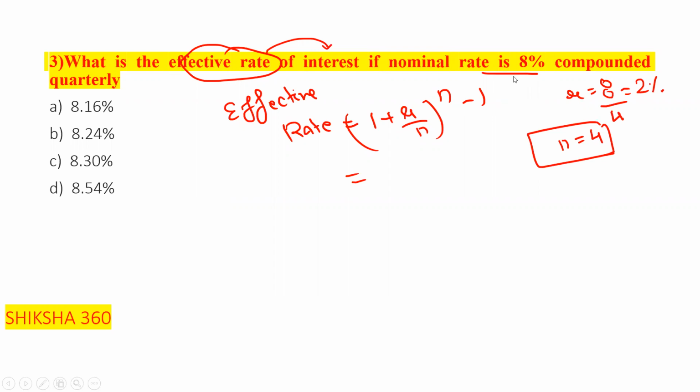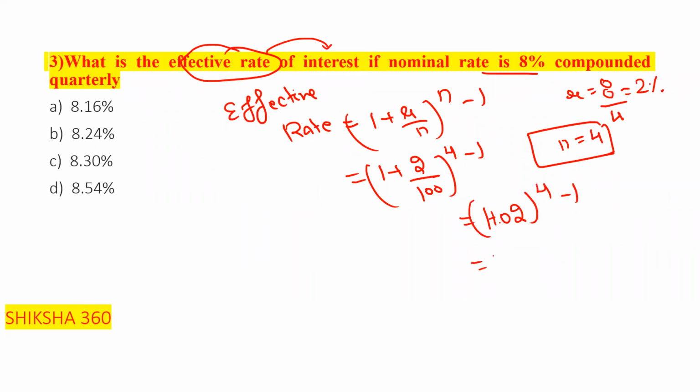So now let's move on. Put the values here: (1 + 2/100)^4 - 1. So it comes out to 1.02, or you can say (1 + 0.02)^4 - 1, or 1.02^4 - 1. 1.02^4 comes out to 1.0824, minus 1 gives 0.0824.